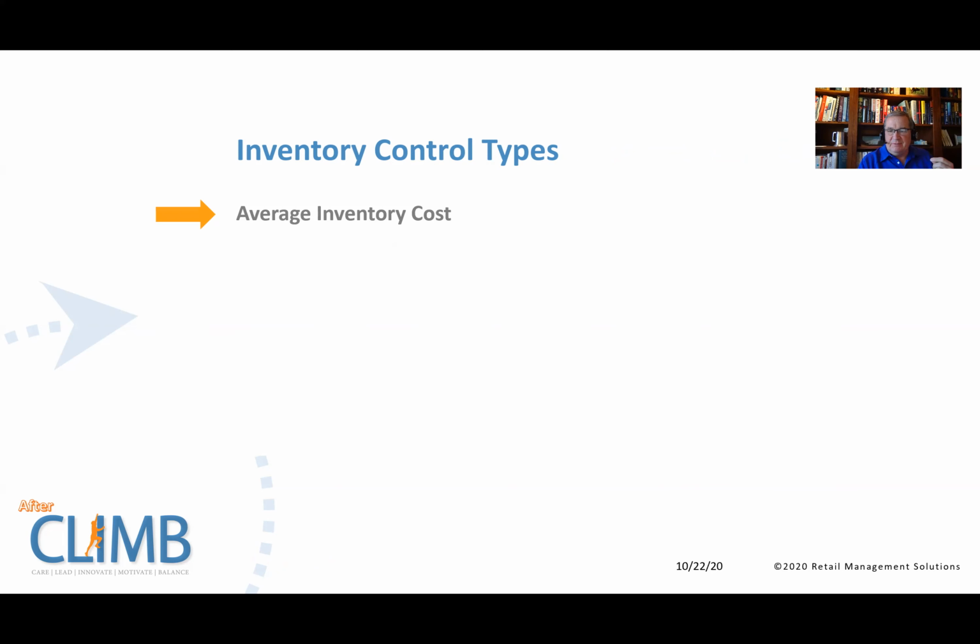One of the things our system does is, on every single day, at the end of the day, it records the inventory value of every single item in a table. So at the end of a period, let's say a year, when you're looking at the gross profit return on investment or the turns, it's calculating that average inventory cost for the entire year.